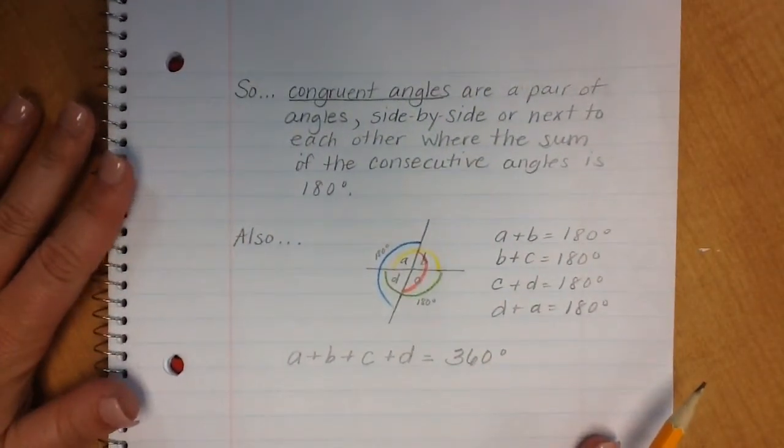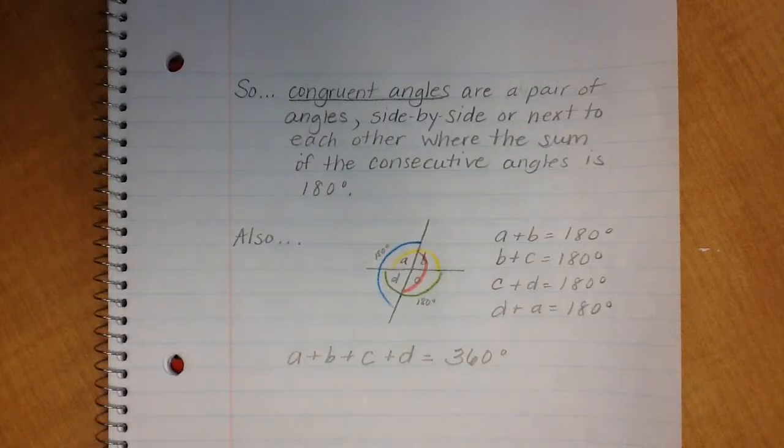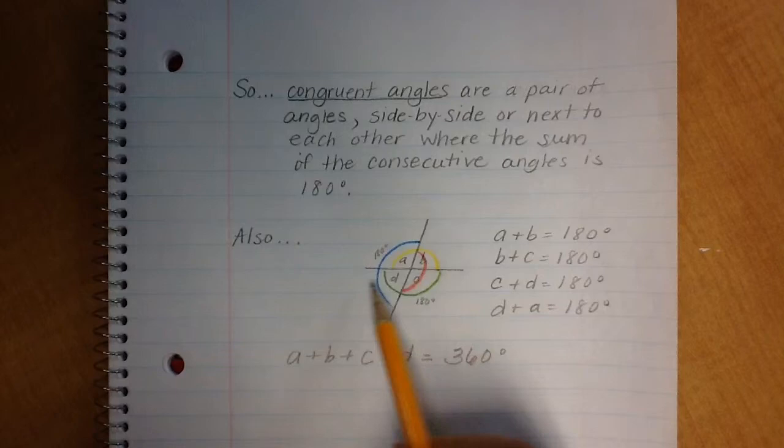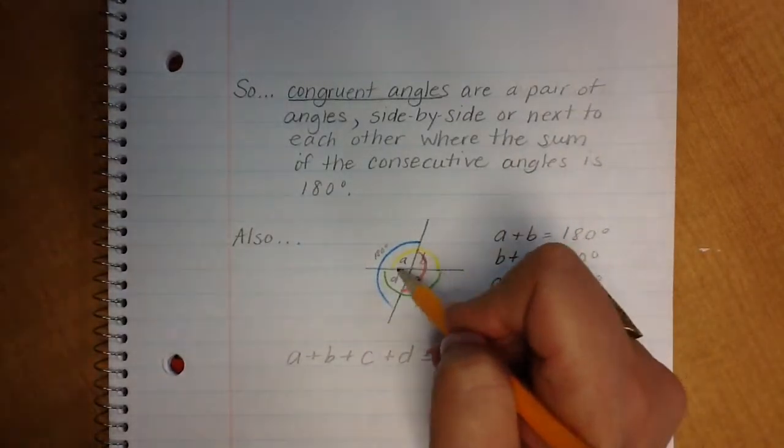The last thing I want to talk about is just to reiterate consecutive angles. So consecutive angles are a pair of angles side by side or next to each other where the sum of the consecutive angles is 180. So how this might look if you had two intersecting lines coming through, you would have angles that are created.